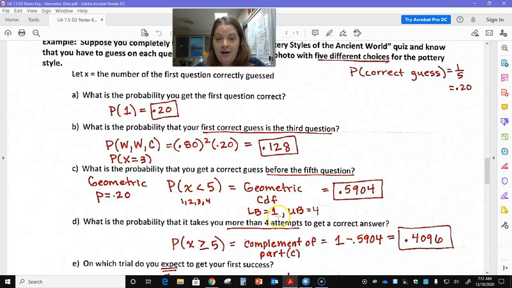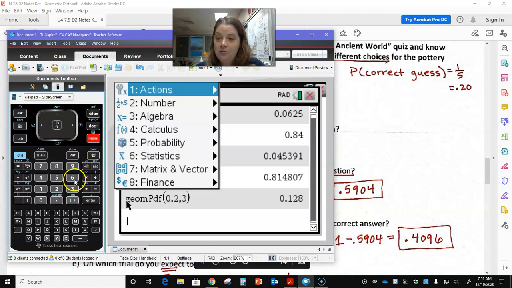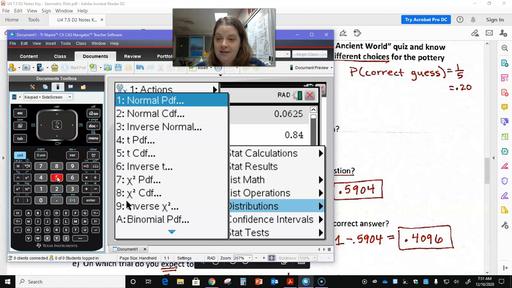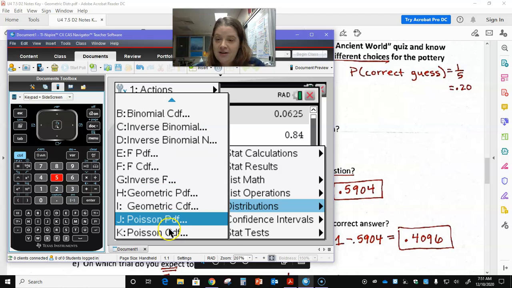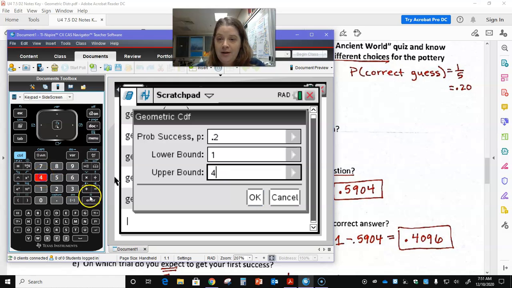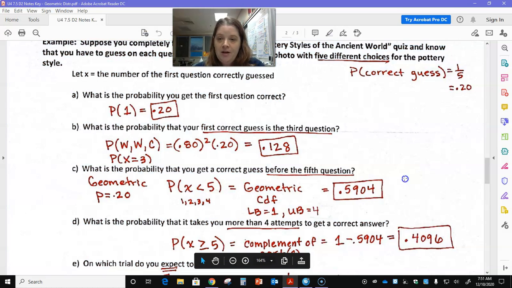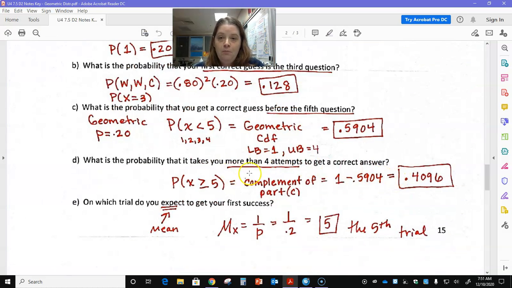So that's a lower bound of 1 and an upper bound of 4. I think this one's faster to do in the calculator. So menu, probability, distributions, geometric CDF. Probability of success 0.2, lower bound 1, upper bound 4, and there's that 0.5904. What is the probability it takes you more than 4 attempts to get a correct answer?